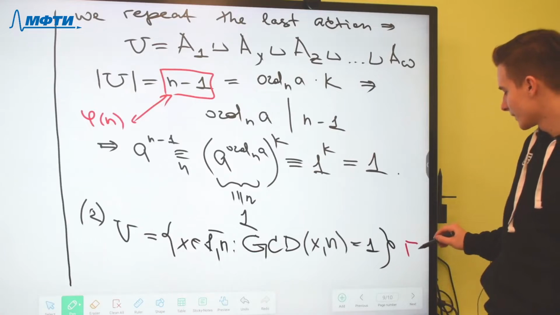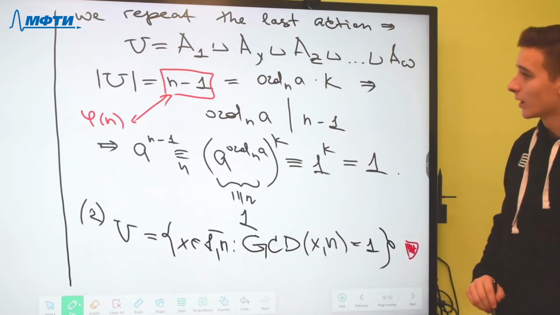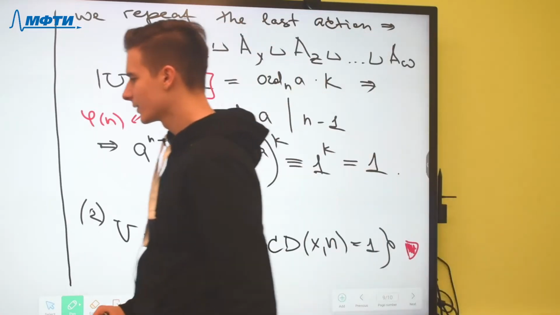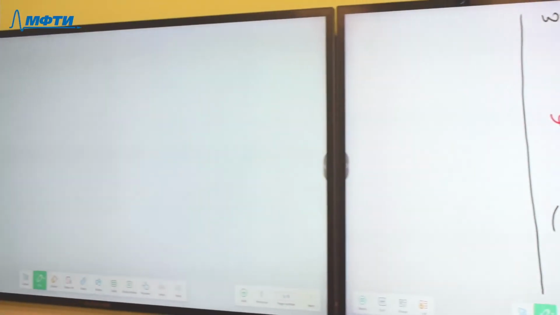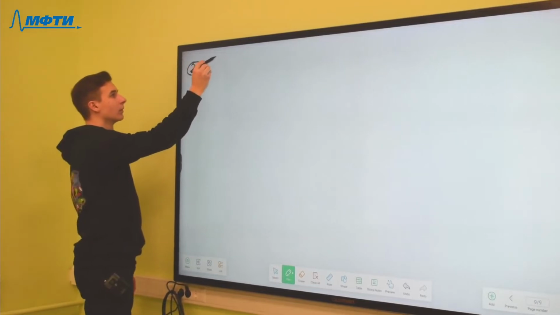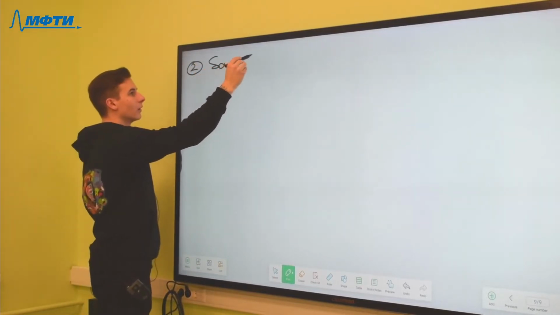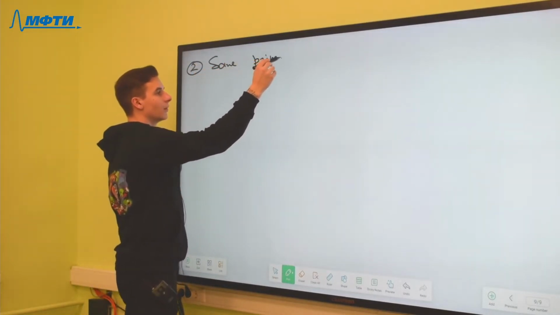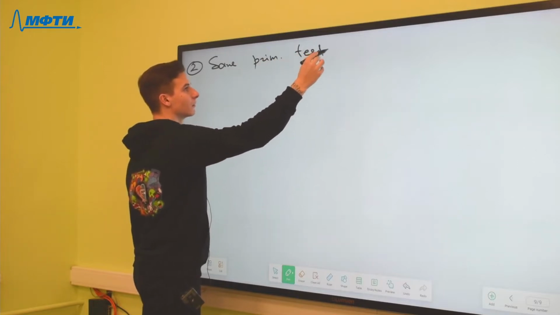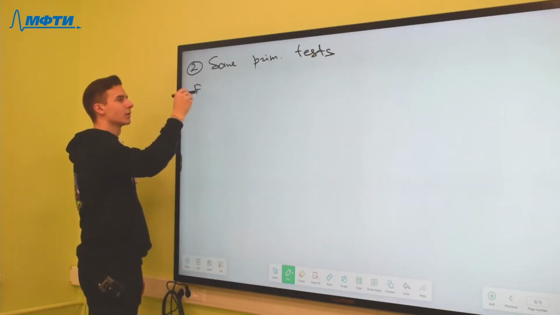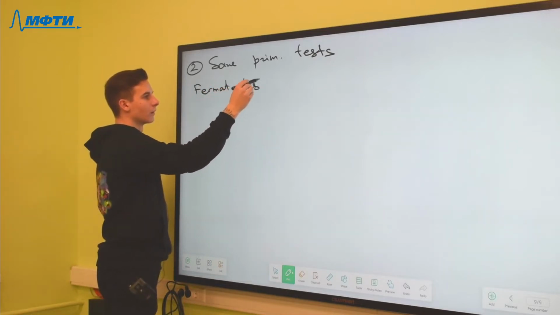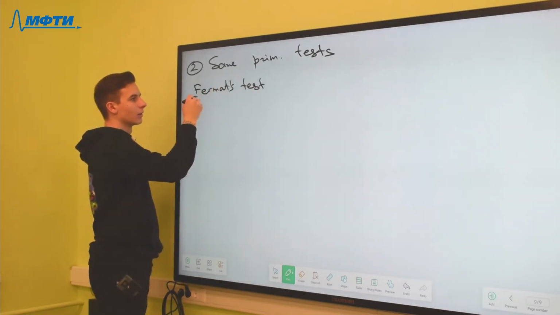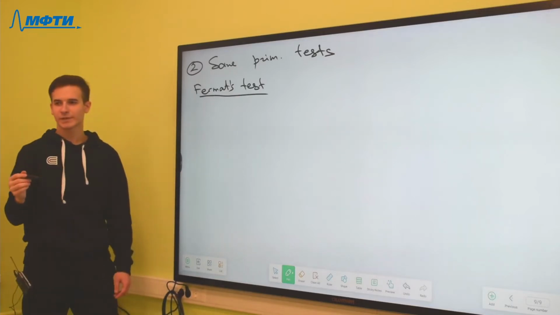So it is the proof of Euler's theorem, and as a consequence of it, we have some primality tests. Firstly, Fermat's test.